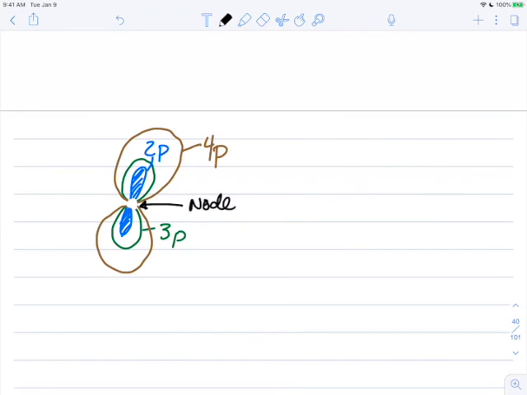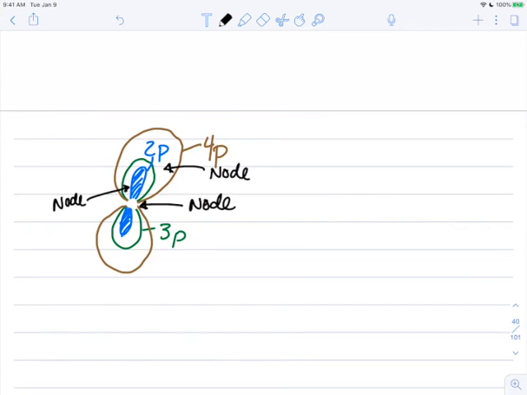But we also have a node in between each shell, just like we did for the s. So right here, that's another node. Right over here, it's another node. So the nodes are essentially spaces in between the different energy levels of these orbitals, so between the 2p, the 3p, the 4p, and so on.